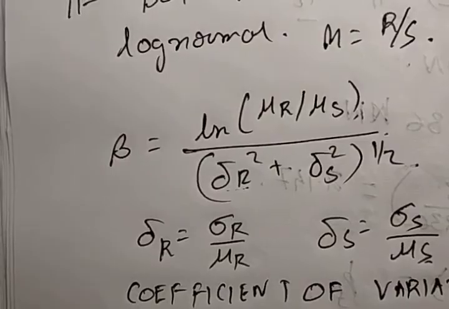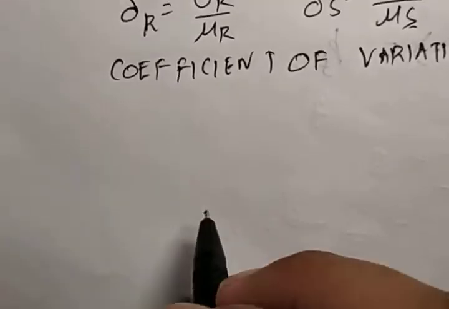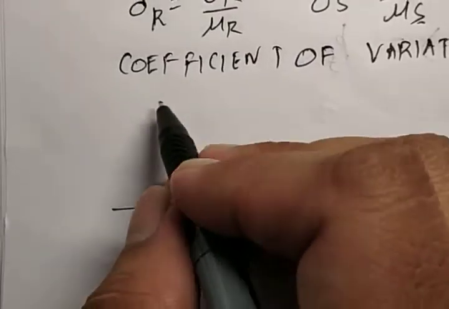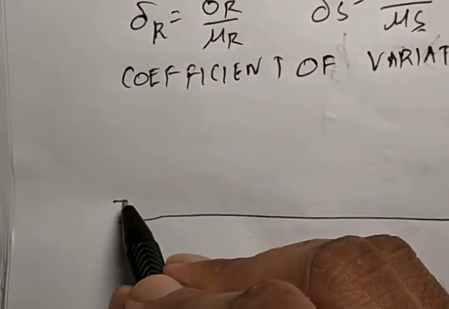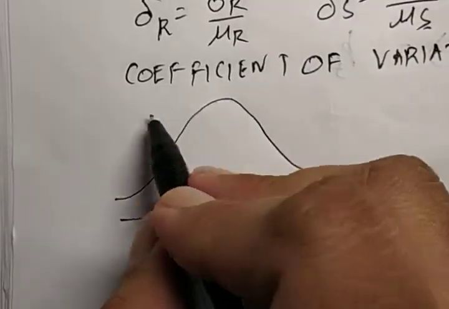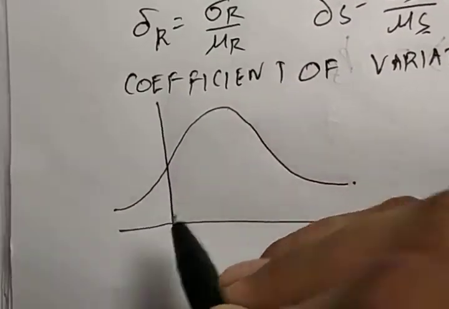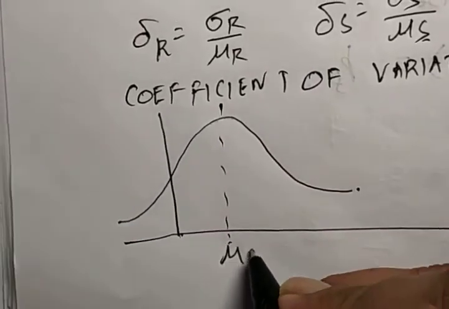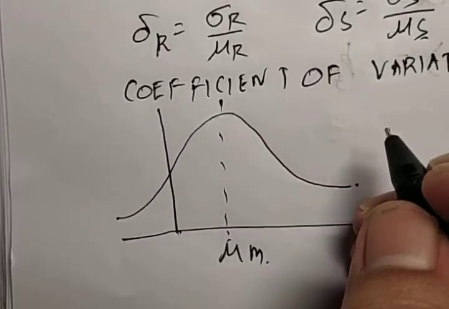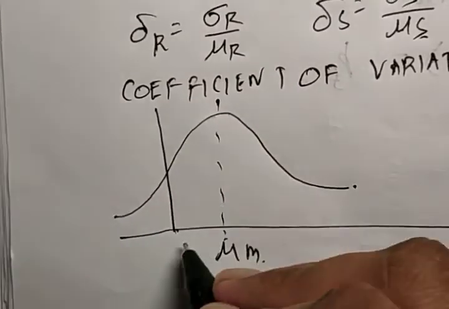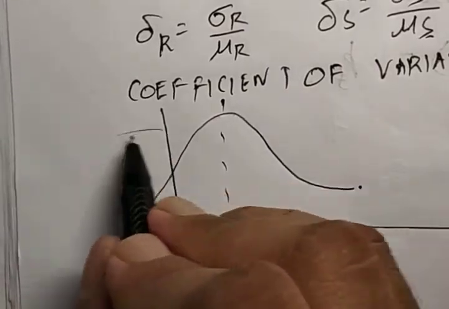Okay, and suppose you have to just see a graphical way in which I can find out from the distribution function itself. So if this is a normal distribution, and this is my mu m, which is my mean, and here is the point 0. So anything beyond this is failure.